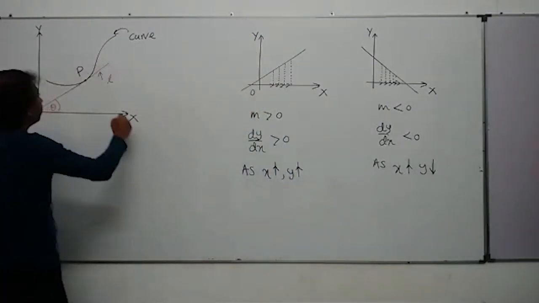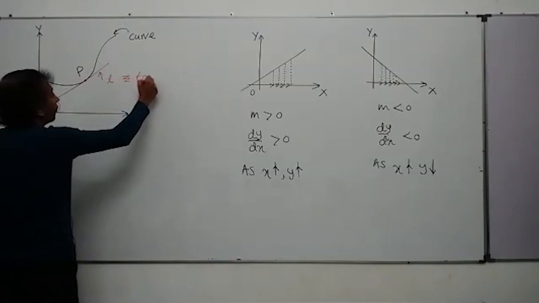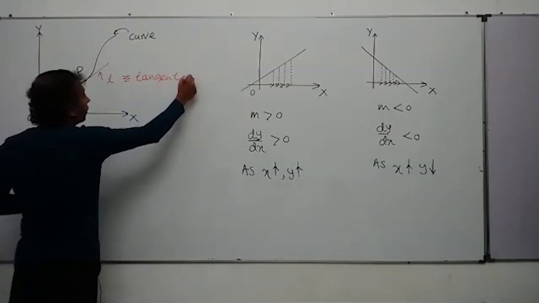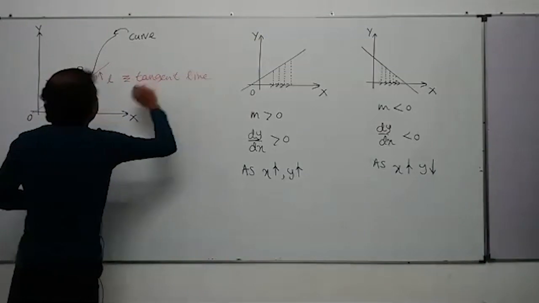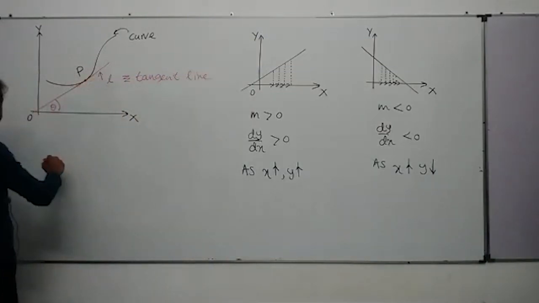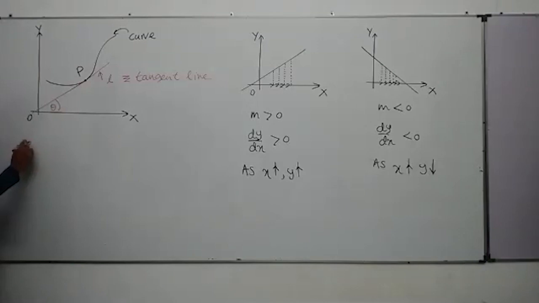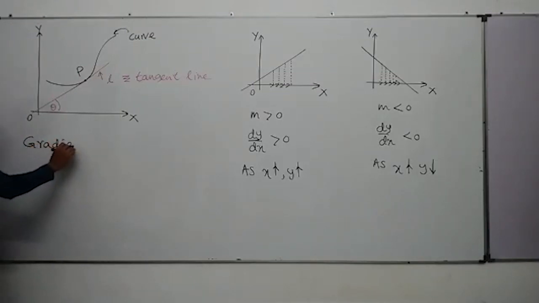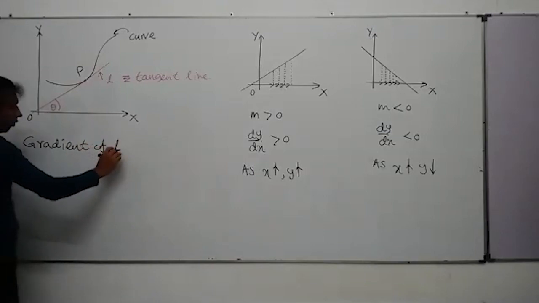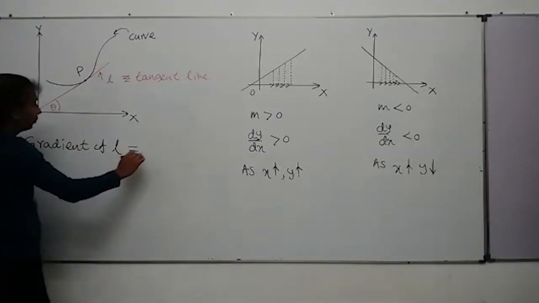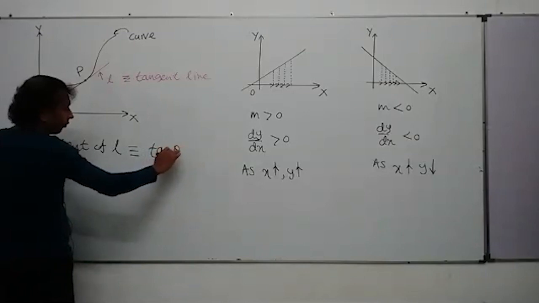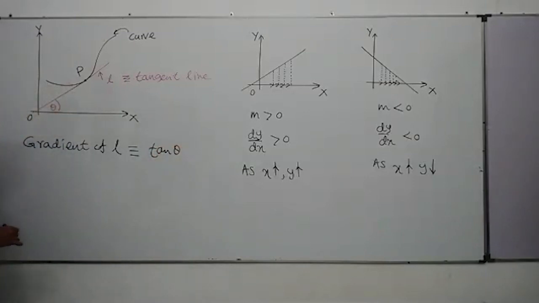This is a tangent line. Its gradient of L is tan theta.